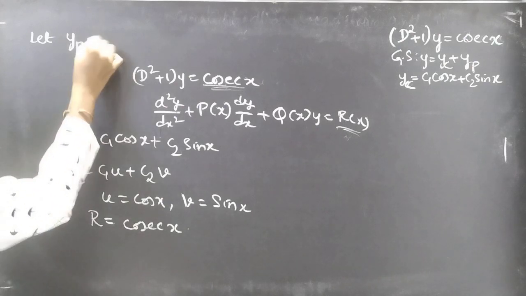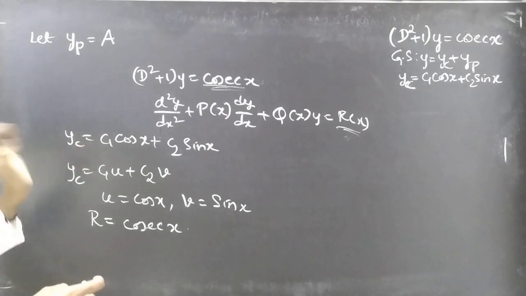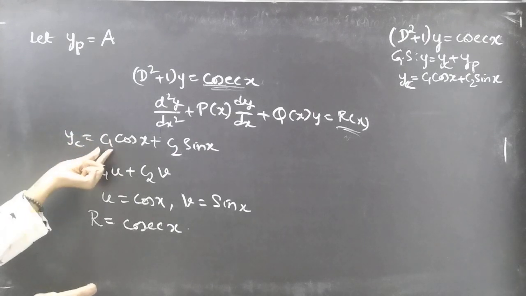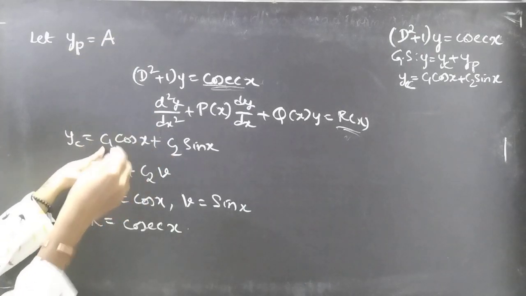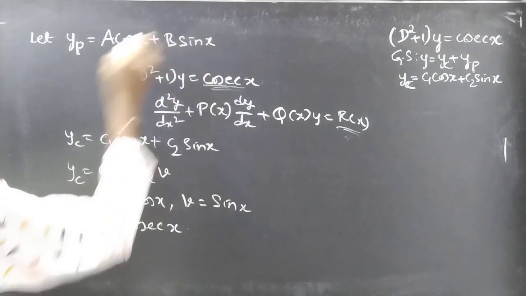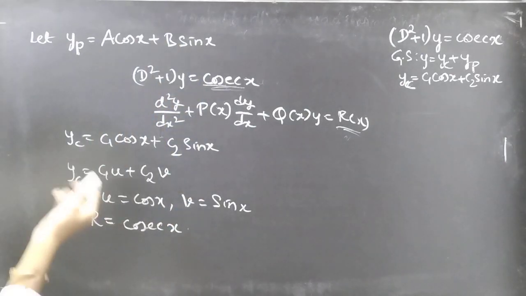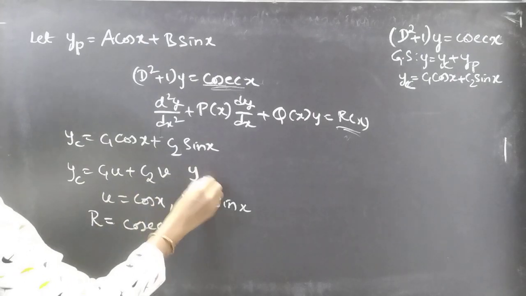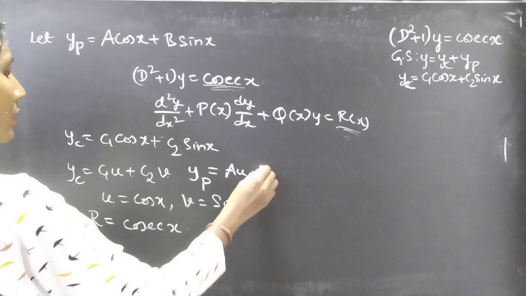Now let yp be equal to a into cos x plus b into sin x. We'll just replace c1 and c2 of yc by a and b. So yp is given by a cos x plus b sin x, or, since you have c1 u plus c2 v, just replace c1 and c2 by a and b, then yp will be a u plus b v.